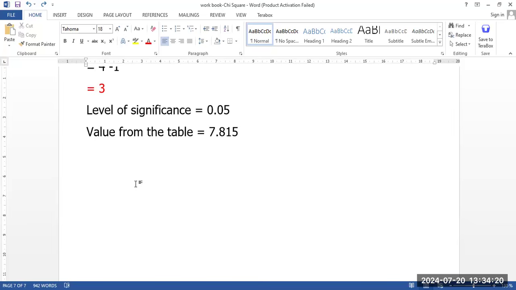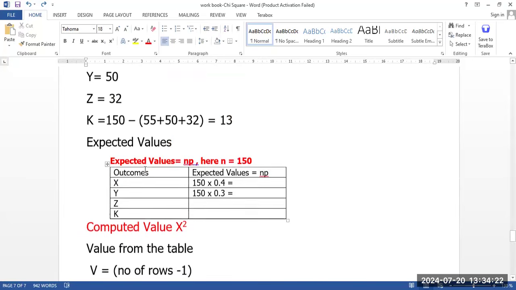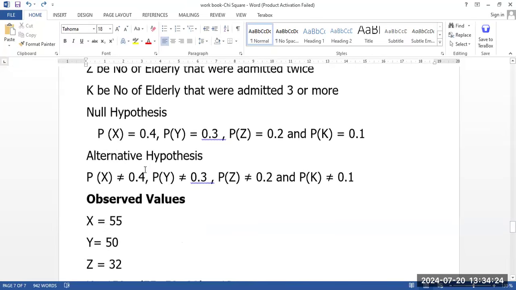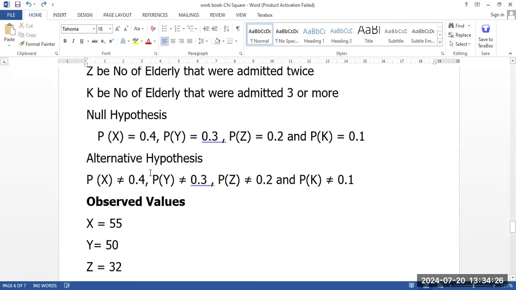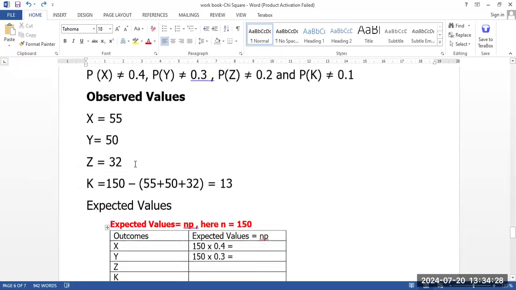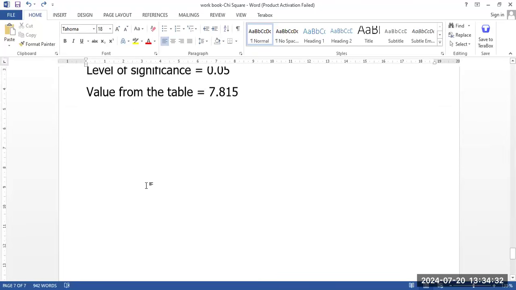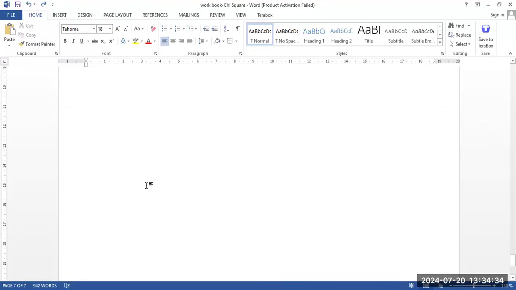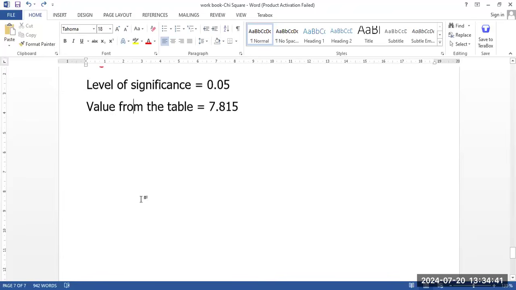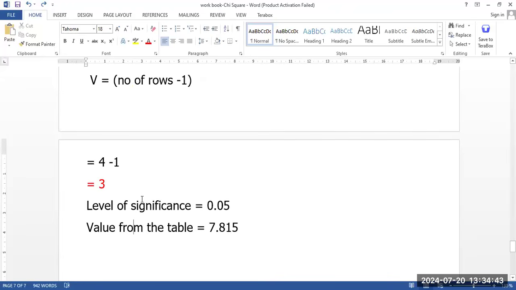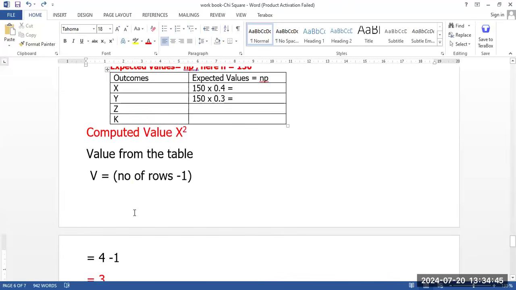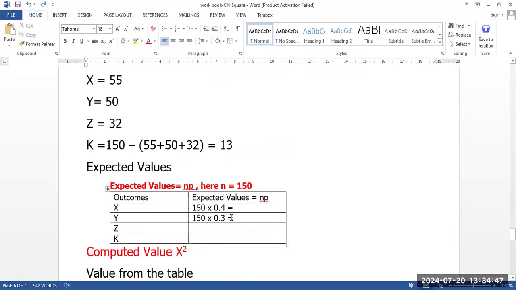If there is no way you can get probability, the only option would be to rely on the observed value and days. Get the total observed values, divide by the number of days, and the figure you get will be your expected value on each observed value.